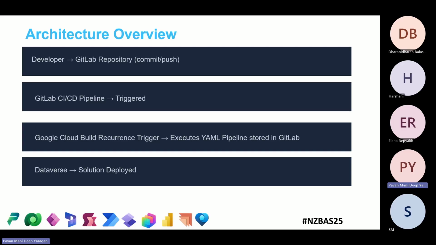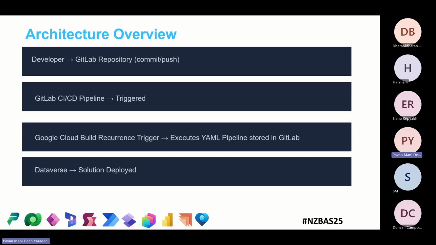Whenever any code is pushed to GitLab, we can invoke our pipeline. The other option is manual triggering. In either case, we can initiate our pipeline and our build. We also have the Google Cloud Trigger, wherein we'll be able to initiate our pipeline manually as well. And lastly, we'll have our solution deployed.